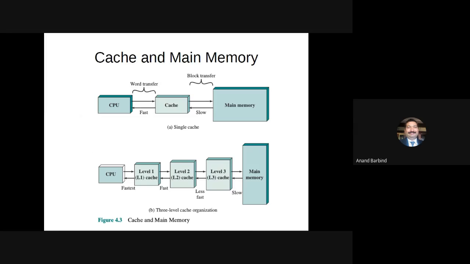Having discussed the characteristics of the memory, now let us go towards the part of the memory that we shall be studying in a little detail, and that is the cache memory, and how this particular cache memory is organized.